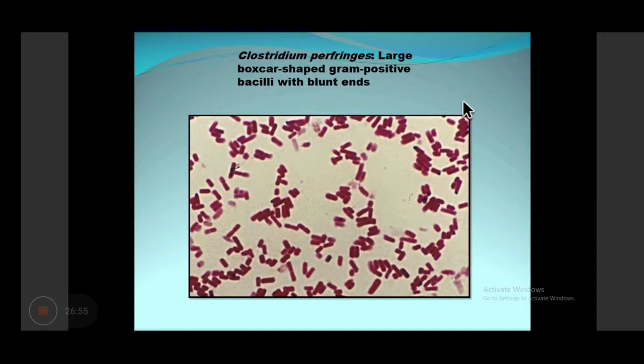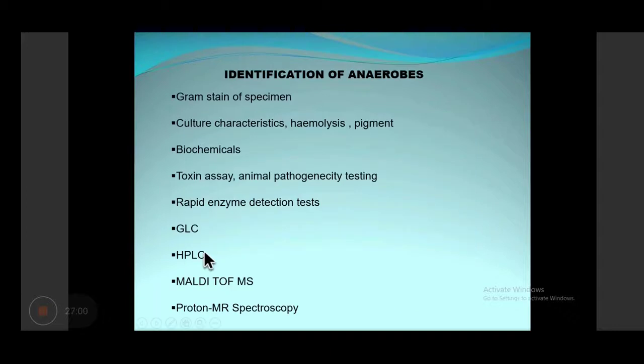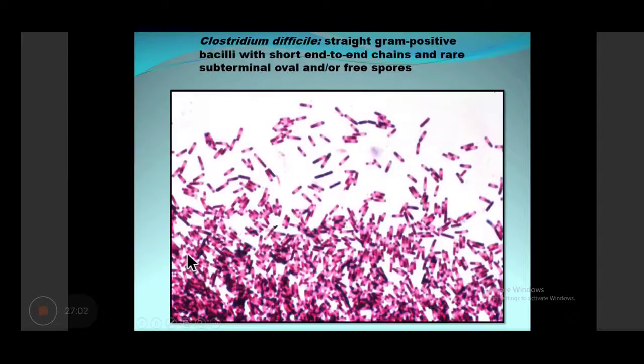These are the gram stain pictures. You can draw that line diagram in your theory paper, like gram positive or gram negative bacteria, straight rod, gram positive, short end-to-end chains, rare presence of subterminal oval spores.